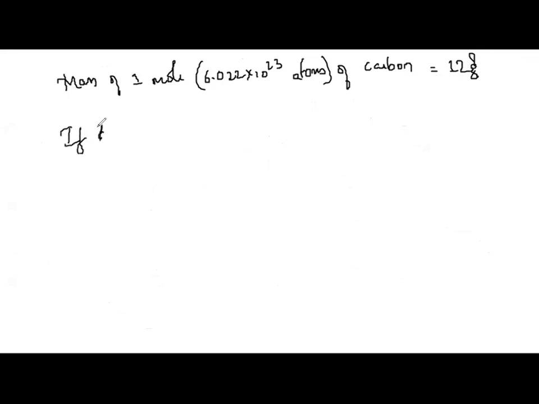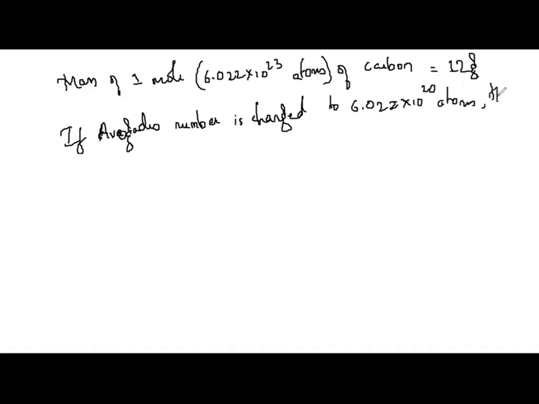If the Avogadro number is changed to 6.022 into 10 raised to 20 atoms, then what will happen? Then mass of 1 mole of carbon would be what?